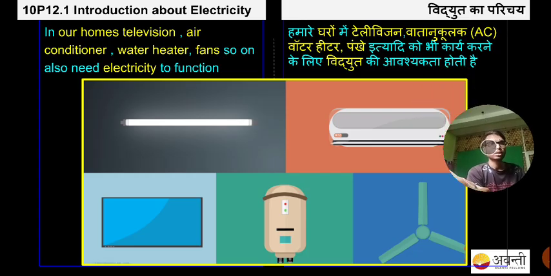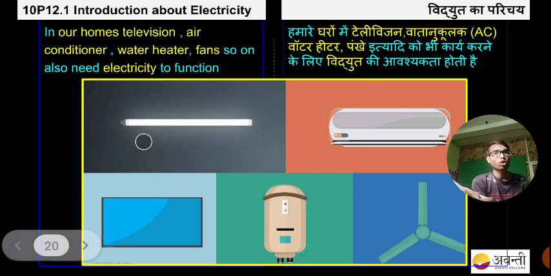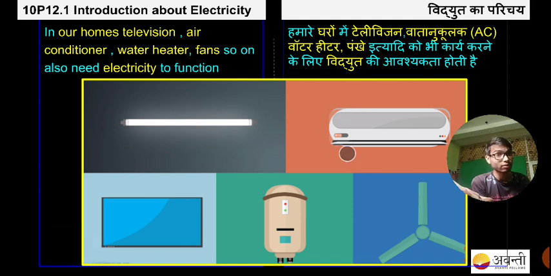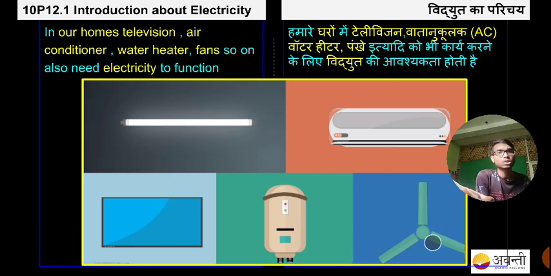We have some electric devices which can be used by using electricity. Without electricity you cannot use this. Without electricity you cannot use an AC or this digital board. This fan also works on electricity.